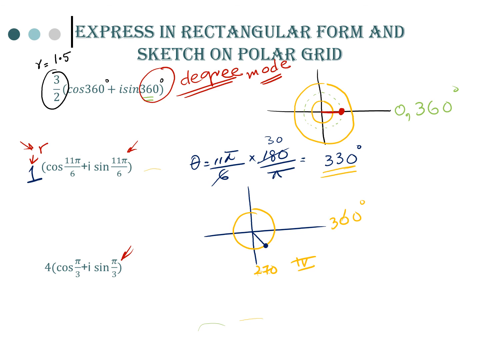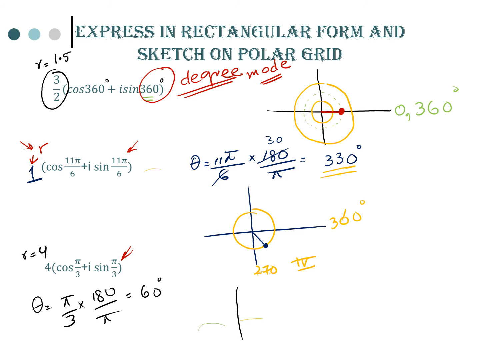Now last, how can you sketch the graph of 4 cosine pi over 3 plus iota sine pi over 3? So r, you can see, is 4 and theta is pi over 3. Convert it into degrees, multiplying by 180 over pi, and you will get 60 degrees.